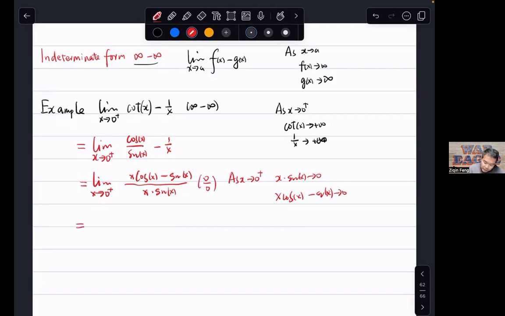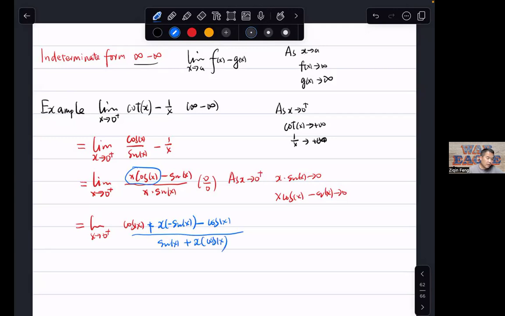So as x goes to 0 on the right side, cosine of x. Here, for the first term, you have to use the product rule, right? Plus x times negative sine of x, then minus cosine of x, over sine of x plus x times cosine of x, right?